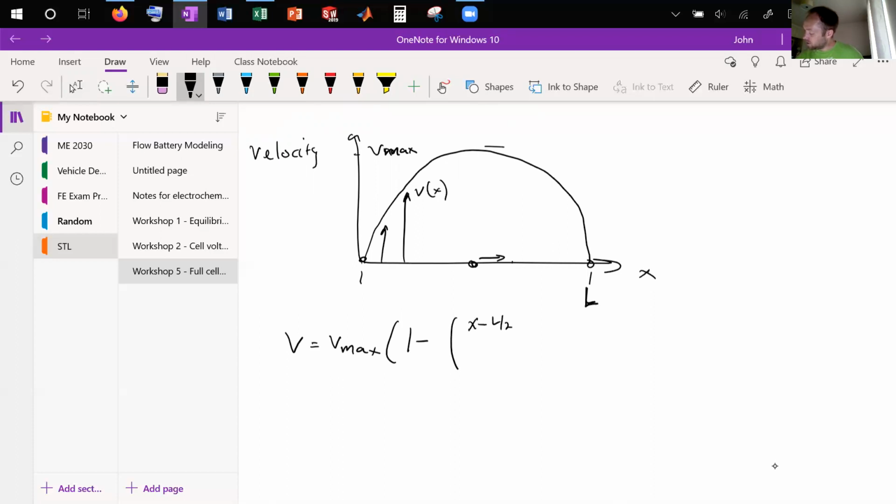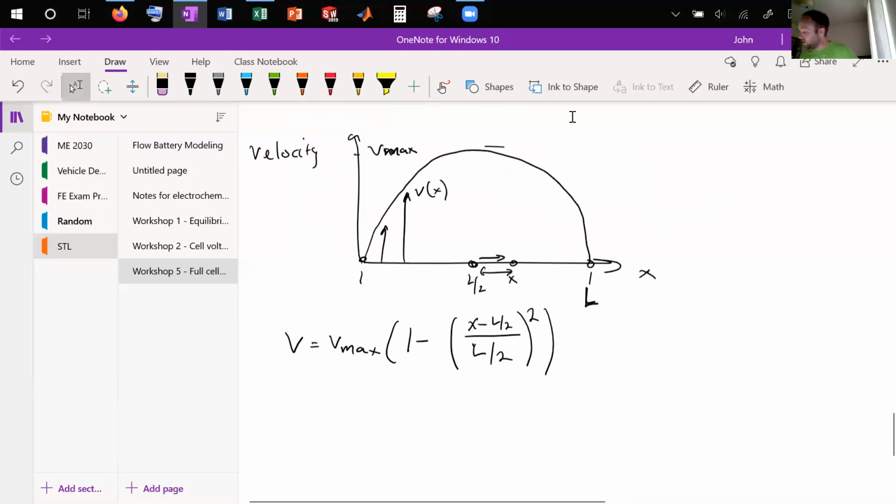So if it's here, this is L over 2, this is x, this is that distance, you subtract them. Then you divide that by the whole distance away you can go, which is L over 2. And this term is going to be squared. So that's the parabolic profile. We're going to implement those two in the code, and you'll see how those work.